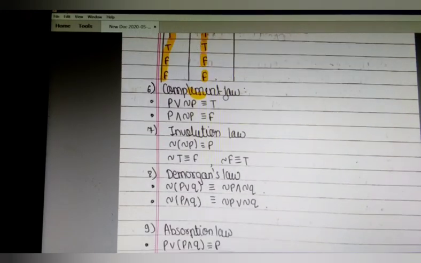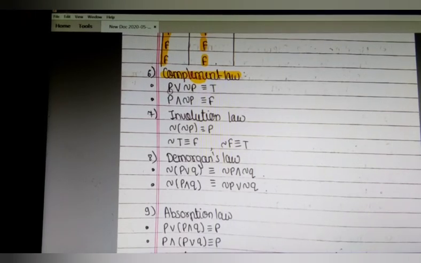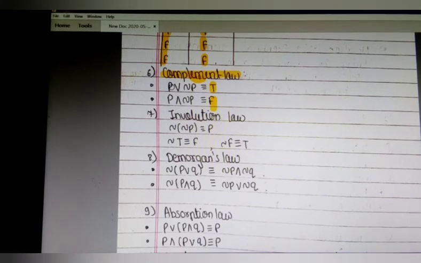Next law we are going to study is complement law. In this, P or negation of P will come true, and P and negation of P will come as false. For example, take P as true, and the negation of true is false.